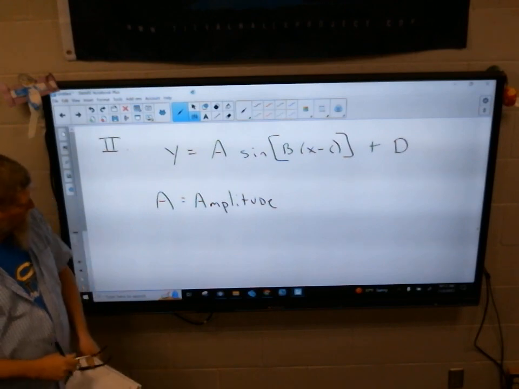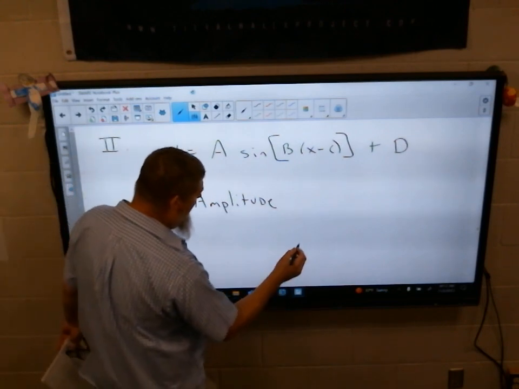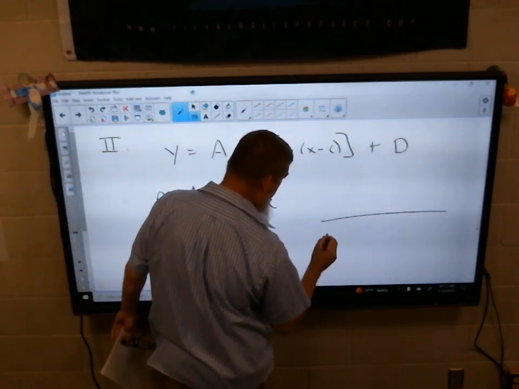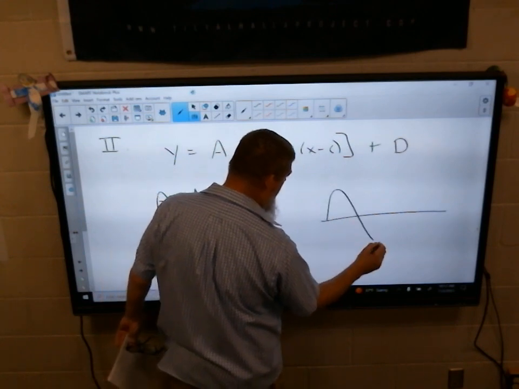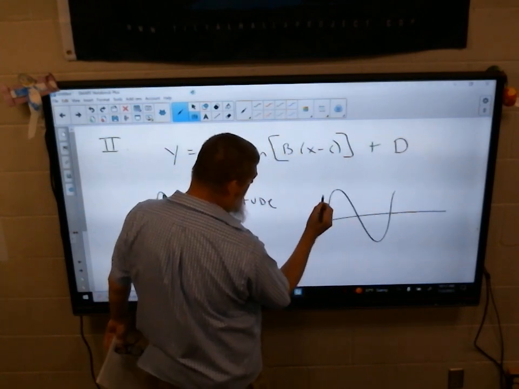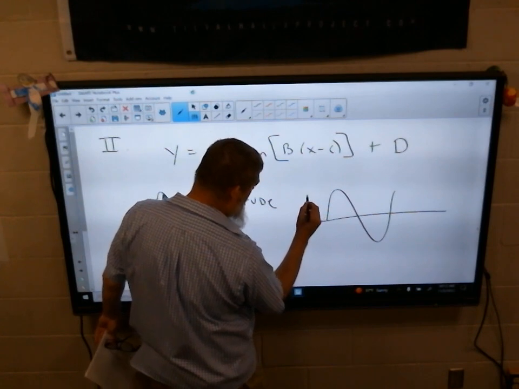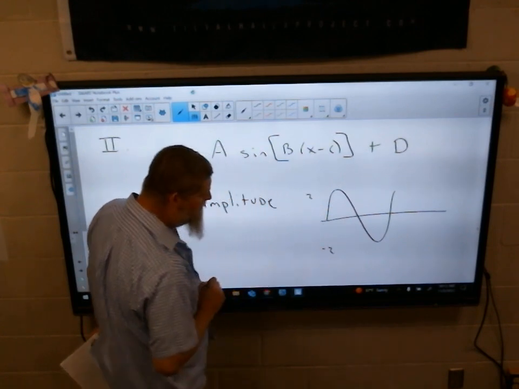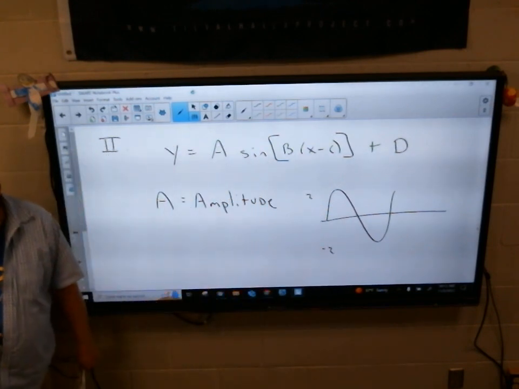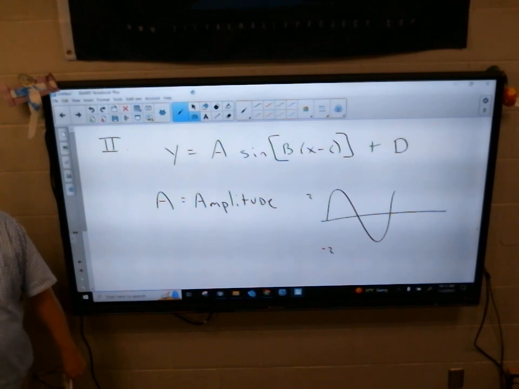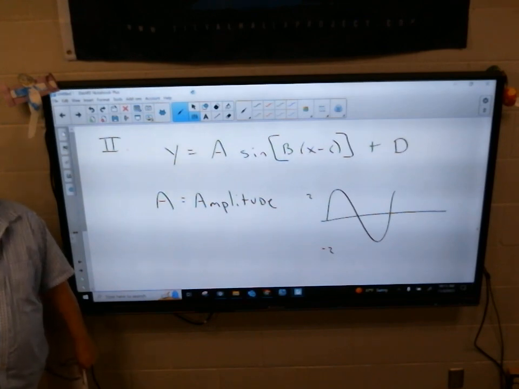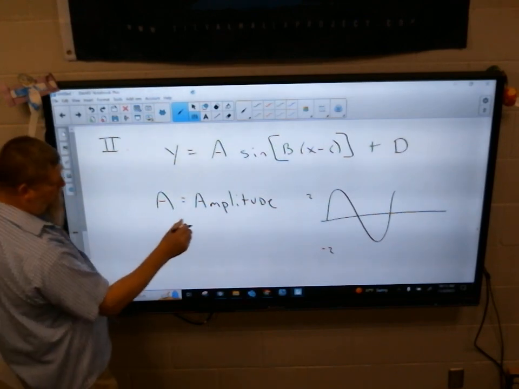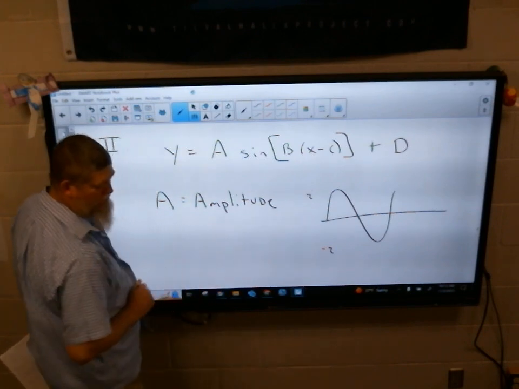So let's say here is my function, and rather than up to 1, maybe it goes up to 2 and down to -2. Maybe the A is 2, it's gonna go up and down by a different amount. It tells us how far up and how far down. So if A equals 2, it goes 2 above and 2 below.